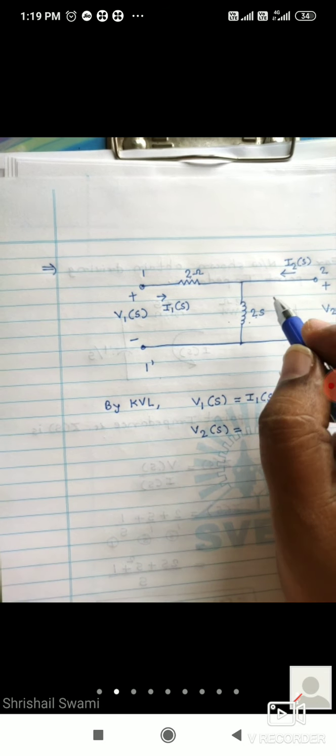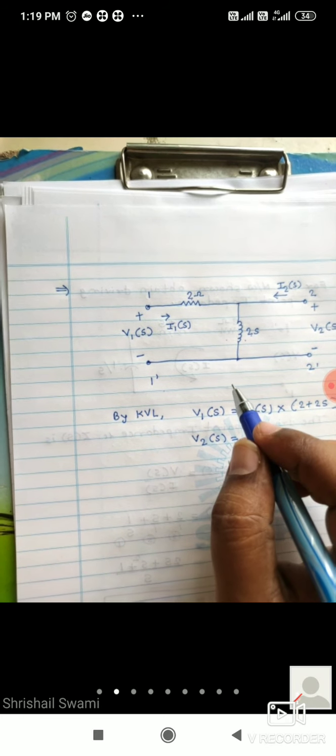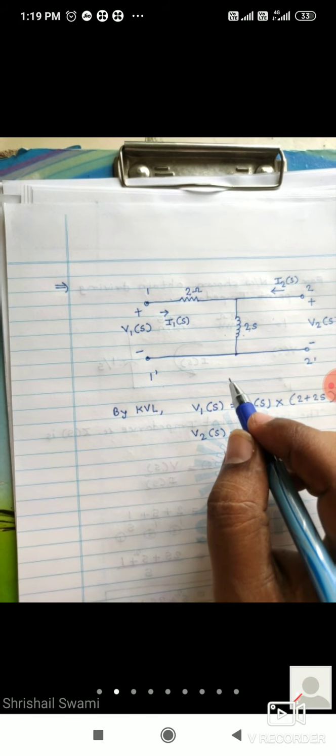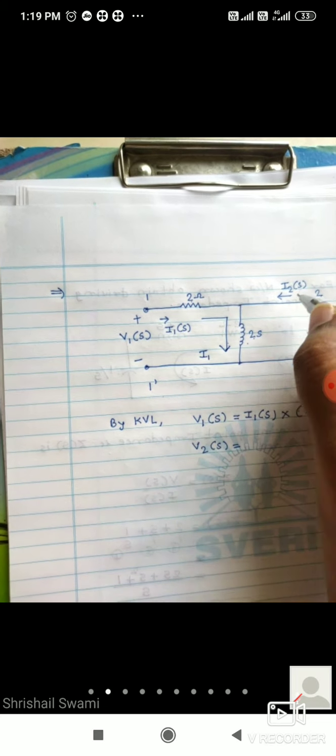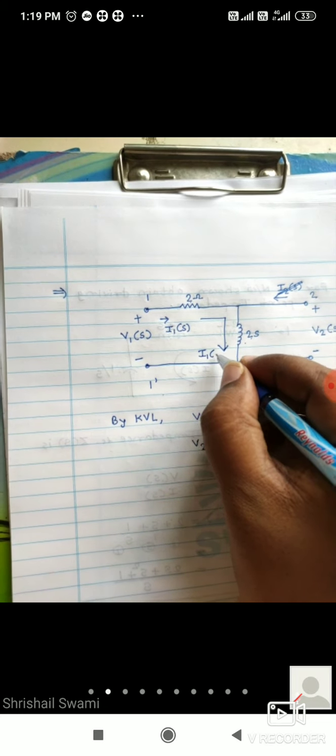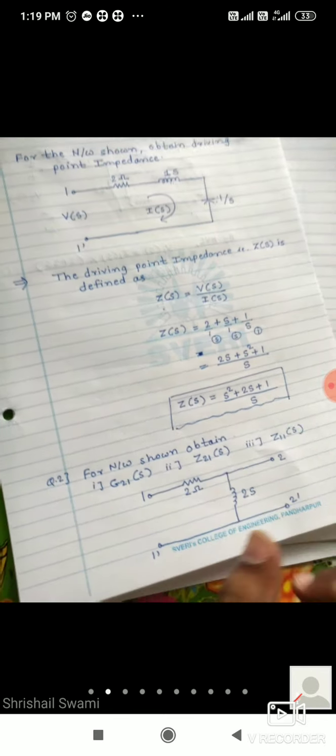Okay, actually is I2 present or not? Okay, wait 1 minute. What is the input exactly they have given? Okay, V2 is not given, they have given only I1 of S. So remove this from the question. We will make the changes in the question.